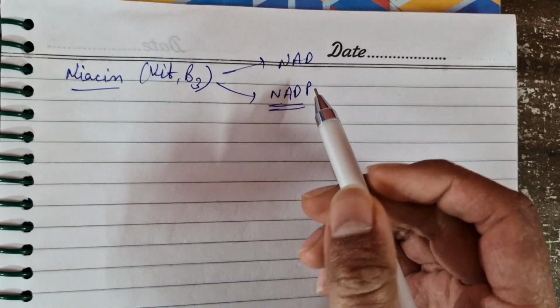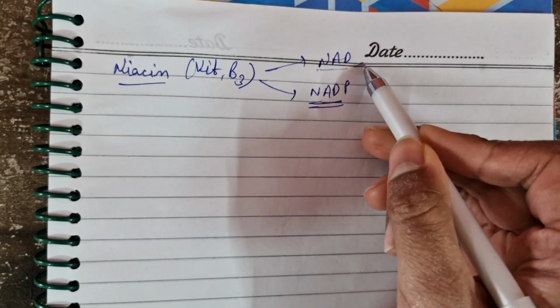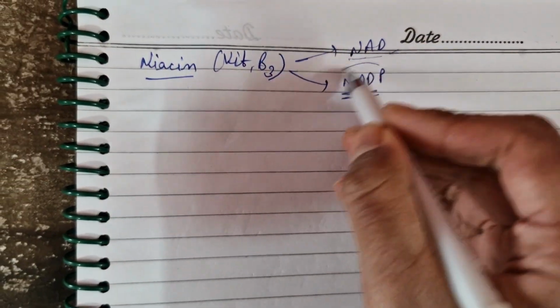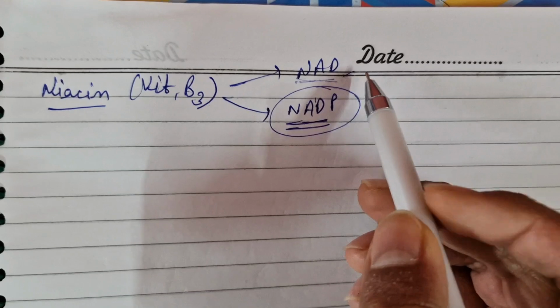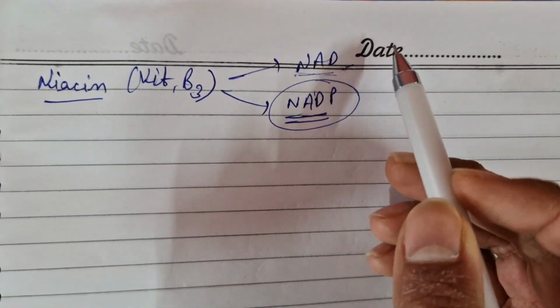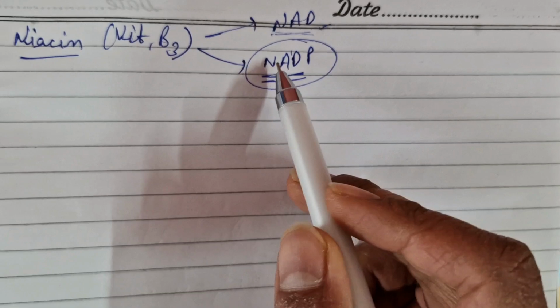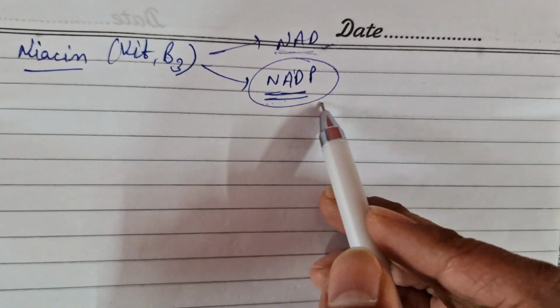The only difference in the structure of NAD and NADP is the presence of a phosphate group in NADP. The full form of NAD is nicotinamide adenine dinucleotide, and NADP stands for nicotinamide adenine dinucleotide 2-phosphate.